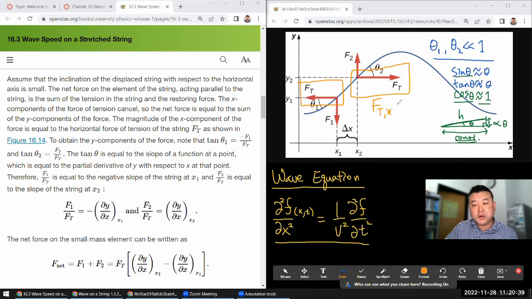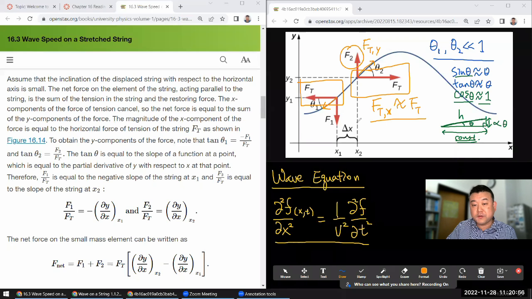And under this small angle approximation, they can say that this is equal to the force of tension, because the force of tension is really along the string. It's not that the force of tension along the string is where they get this vertical component.